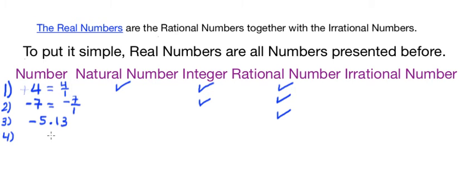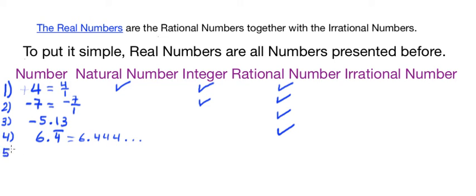Number 4, 6.4 bar on top of 4. 6.4 bar is not a natural number. It's not an integer. It is a rational number because it's non-terminating, repeating. The number 4 repeats itself, right? This is the same as 6.4, 4, 4, 4, dot, dot, dot.